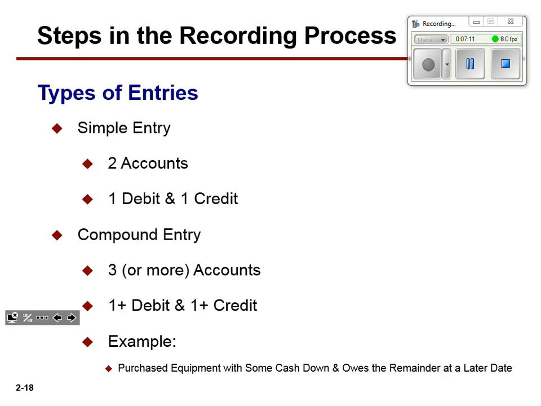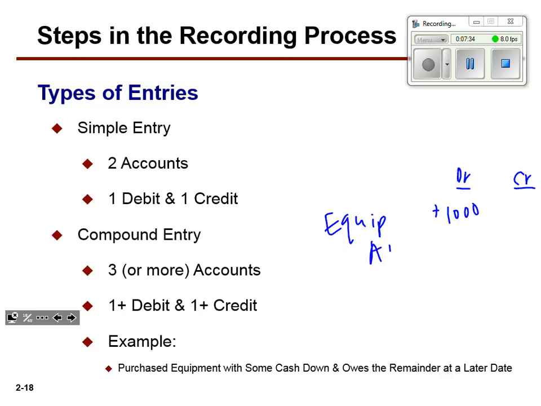If I bought equipment, that asset is debited. I'll just say for $1,000. And we also now owe money on this equipment.